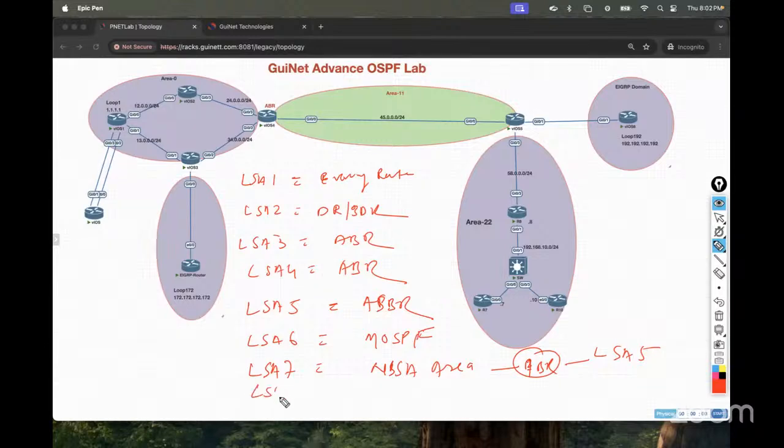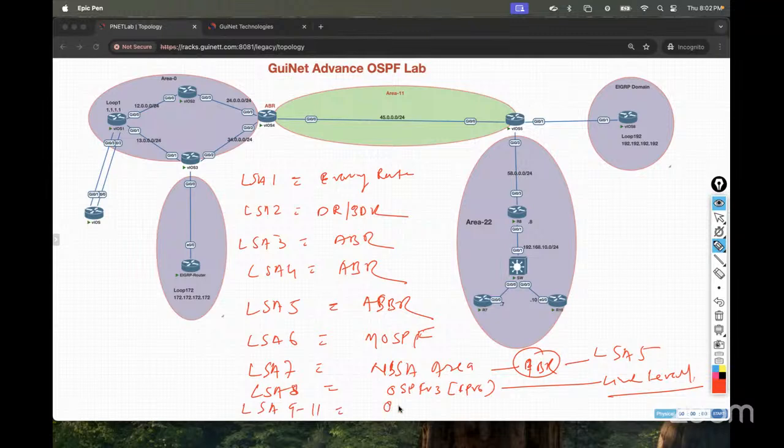And LSA 8 is for when you are running OSPFv3 for IPv6. This applies only at the link level, for the OSPF neighborship. And LSA 9 to 11 are basically opaque LSAs that are used in MPLS traffic engineering, right?